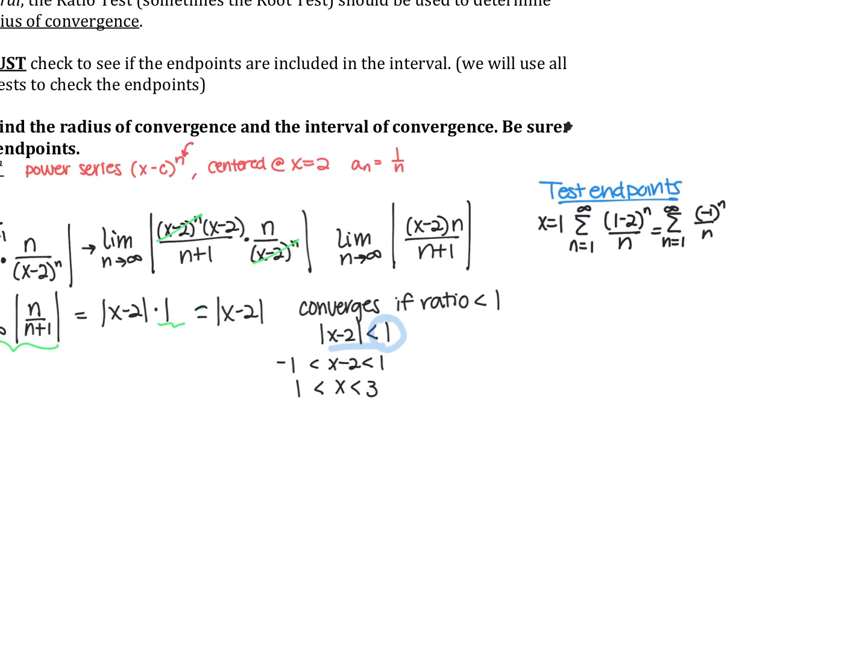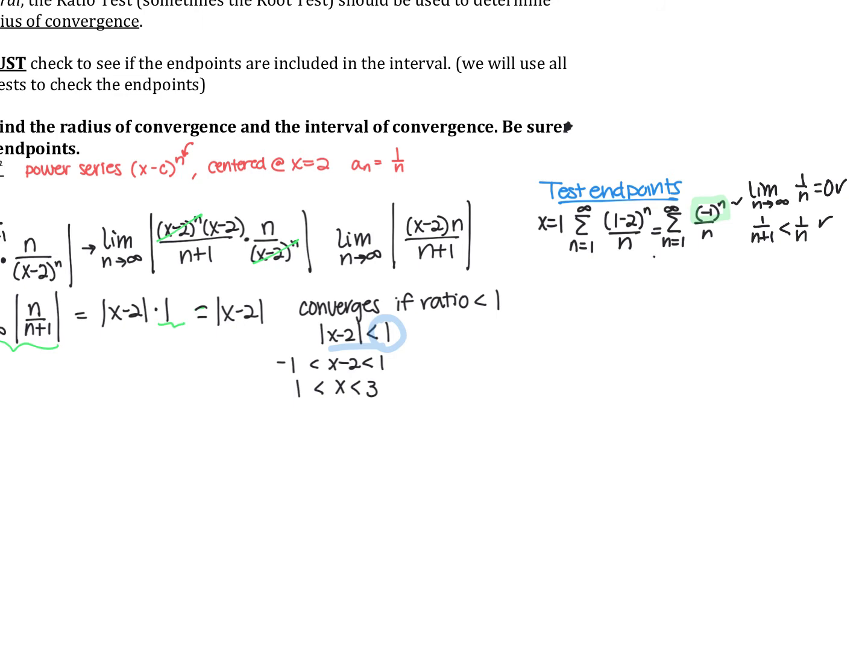So now I'm going to go through my checklist for an alternating series. Is it alternating? That's the first thing I'm going to check. Yes, alternating. Is the limit as n approaches infinity of 1 over n equal to 0? Yes, we check that off. Is it decreasing? Meaning if I take the n plus 1 term and compare it to the n term, is it getting smaller?